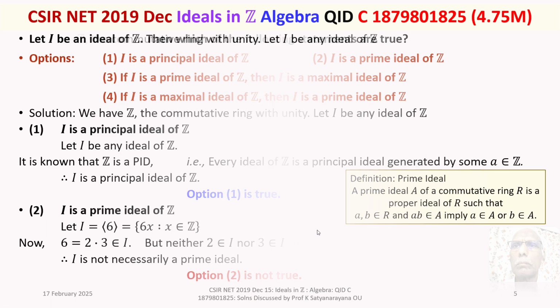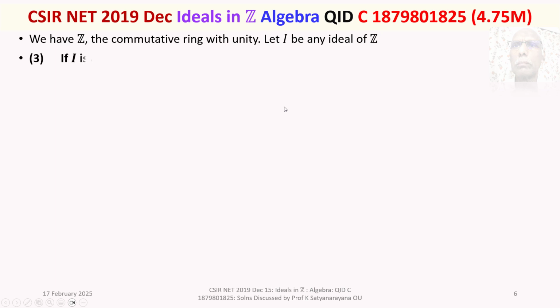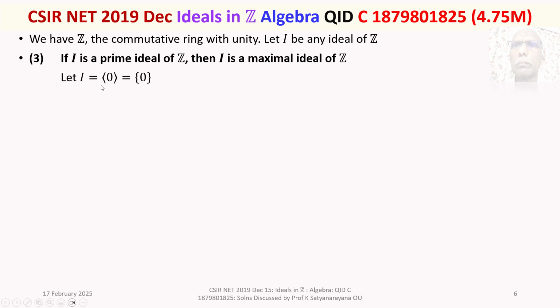Agreed. We move to the next slide, where we take option 3. If I is a prime ideal of Z, then I is a maximal ideal of Z. Not necessarily. Let I be the ideal generated by 0, consisting of the 0 element alone. Now, if ab belongs to I, that means I consists of only one element 0.